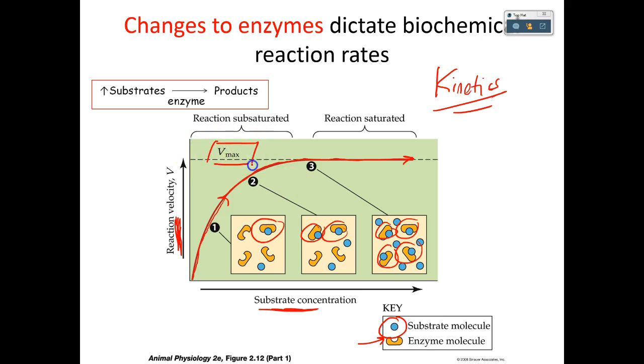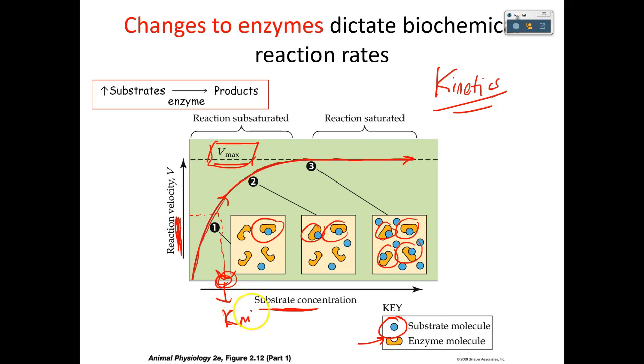And the concentration of substrate at which you start to approach Vmax is one of the properties of the enzyme itself, called affinity. We can usually draw that by going to half Vmax down here, and then drawing a line down, and this substrate concentration here is called the Km.